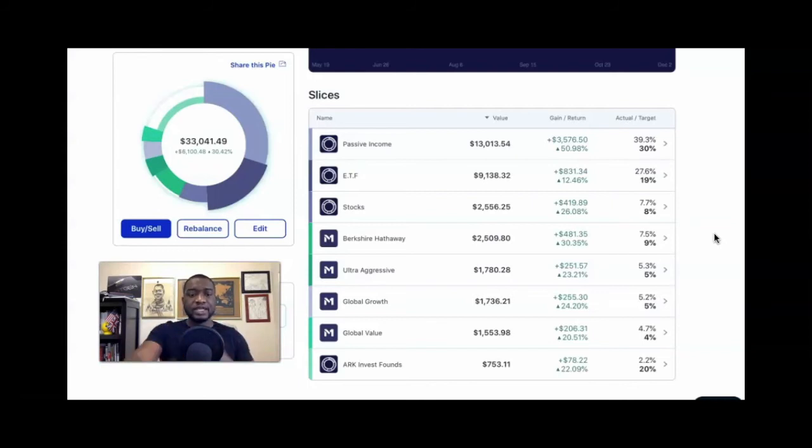Now doing this comes with some pros and cons. The pro is that you're potentially selling one stock at a high. But the con is that might not be the best thing for you, because if you're selling one stock at a high price and buying another one at a lower price, is that a good buy for your portfolio?